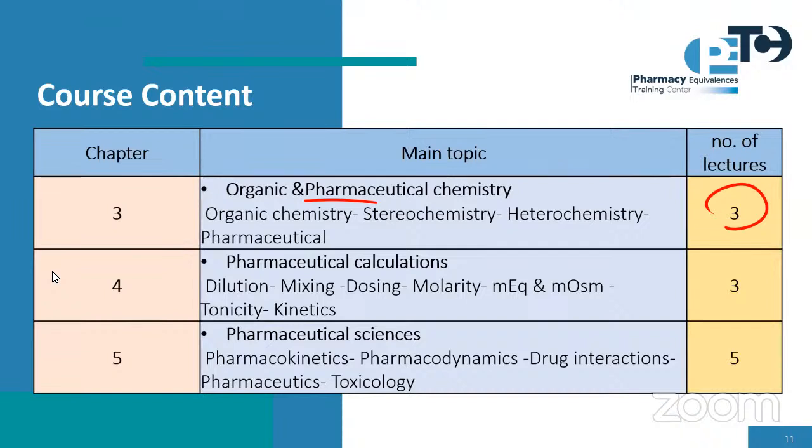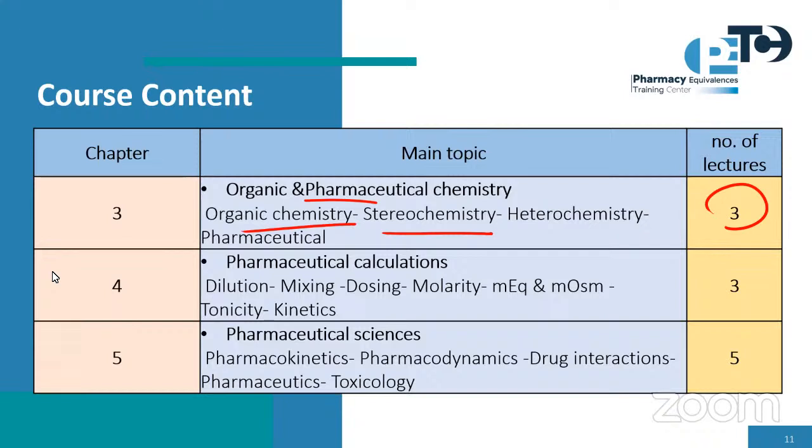We will learn how to identify the structure. Whatever structure you see, either in the exam or at any place, you can identify it and know what the structure is composed of. Also, the stereochemistry part and the organic chemistry part, we will cover all of them.